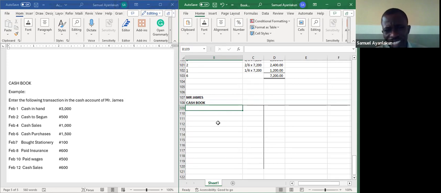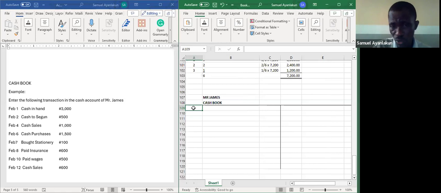the amount you discover when you do this cash book account is that the amount left with him, as in cash in his hand, is 3,000 naira. The amount left with him at the end of January, which is now brought forward to February, is 3,000 naira.